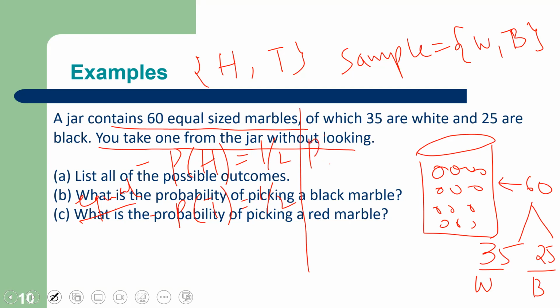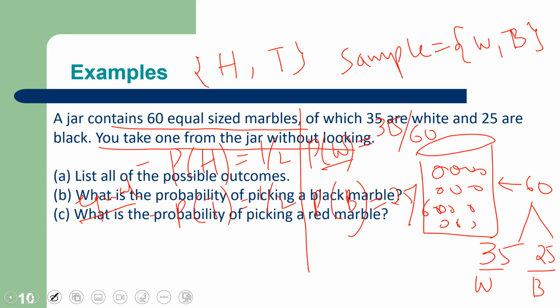What is the probability of picking white and what is the probability of picking black? If I want to calculate the probability, the probability of white will be 35 by 60 because there are a total of 60 balls, and I want to pick 35. Here I have 25 black. It means there is a higher chance of picking white balls because more white balls are there.